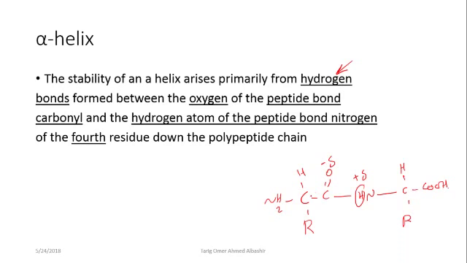So the remaining hydrogen in the peptide bond can later form hydrogen bonding with another amino acid. In the alpha helix, hydrogen bonds are not formed between two adjacent amino acids; they form from 1 to 4 amino acids. That means amino acid number 1 can form a hydrogen bond with amino acid number 4, the fourth residue down the polypeptide chain.